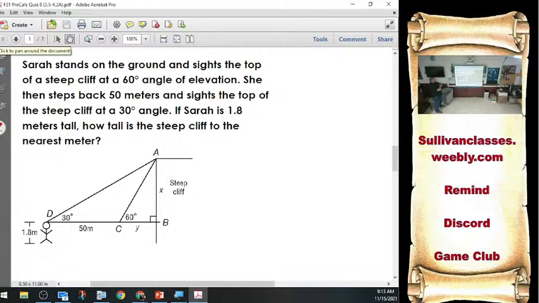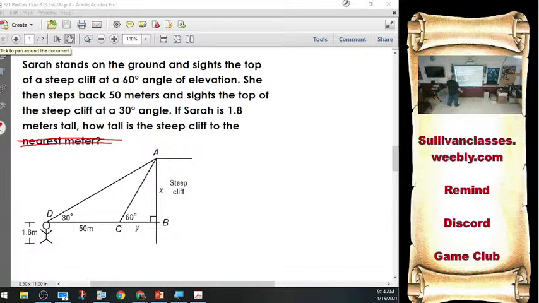She backs up 50 meters, and now it's at a 30-degree angle. She's 1.8 meters tall. How tall is the steep cliff to the nearest meter? To the nearest meter, that's what happens when you copy and paste. No. 3 places, ten thousandths, or to the thousands. Words are hard.